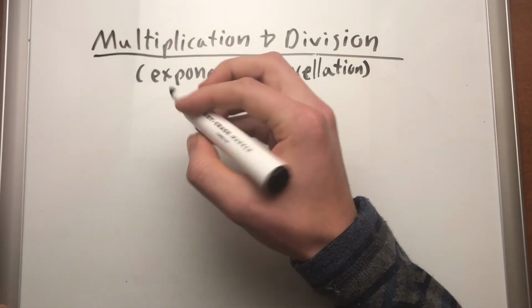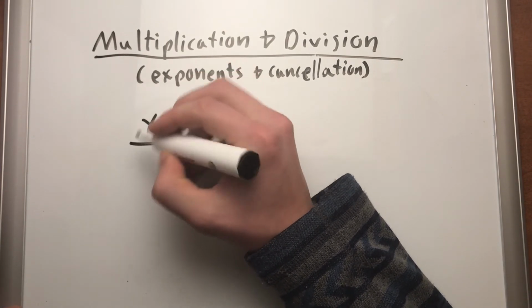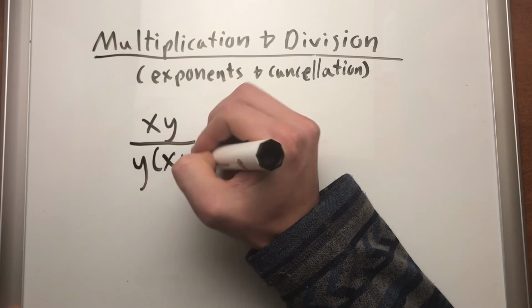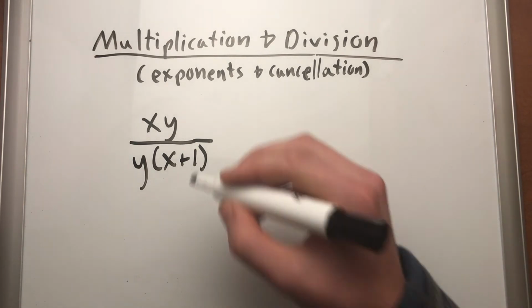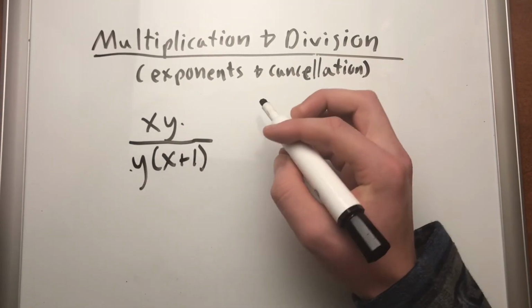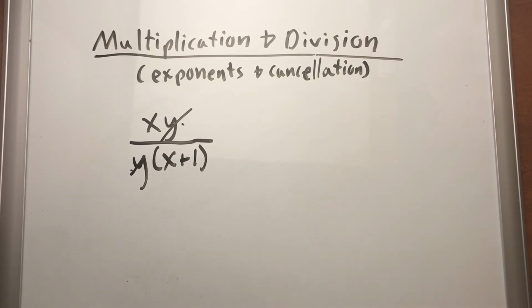Let's say we had the expression x times y divided by y times x plus 1. What things in this expression can we cancel, and what things can we not cancel? Well, the thing that we can cancel out are these y's here, because they're the same.